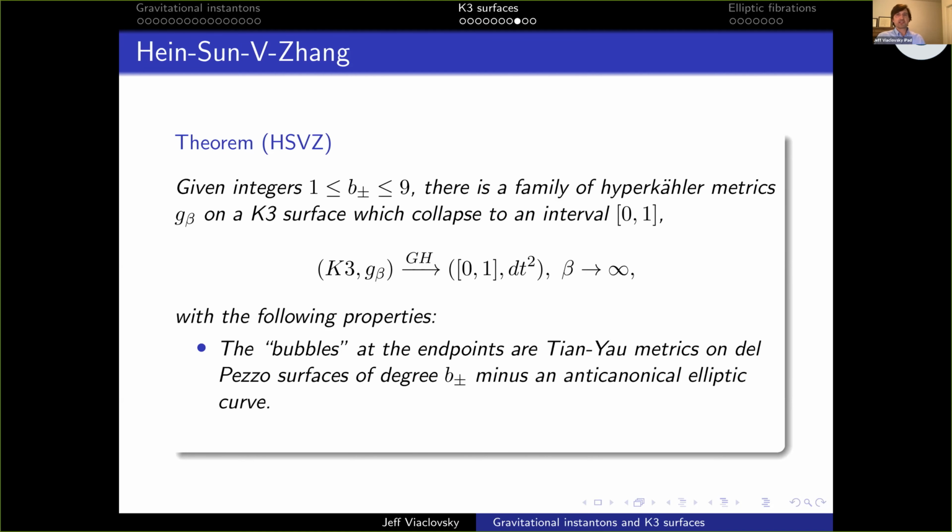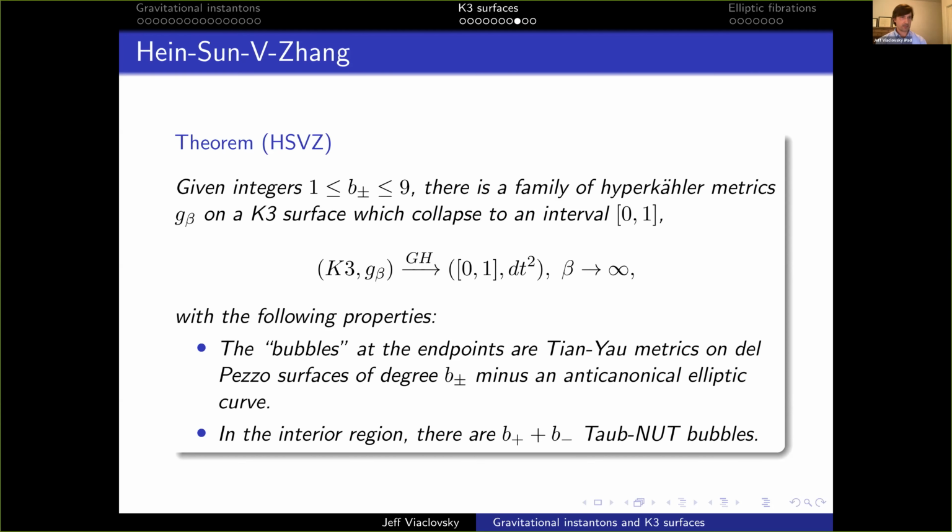Now the bubbles at the endpoints of the interval are the Tian-Yau metrics on del Pezzo surfaces of degree b plus, minus an anti-canonical elliptic curve, b plus on one end and b minus on the other end. And now in the interior region, in contrast to the Chen-Chen ALH case, there are singular points in the interior of the interval. And so there are b plus plus b minus Taub-NUT bubbles.